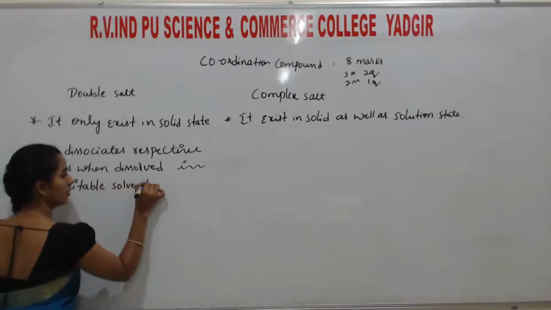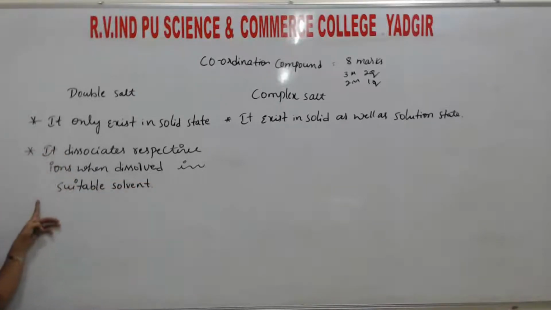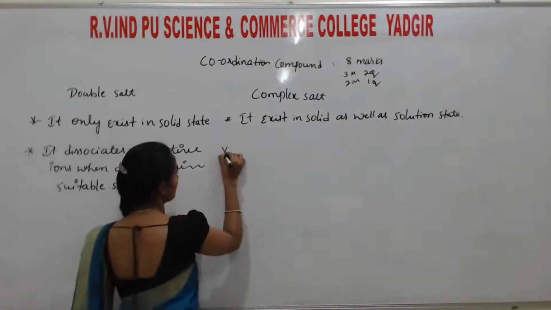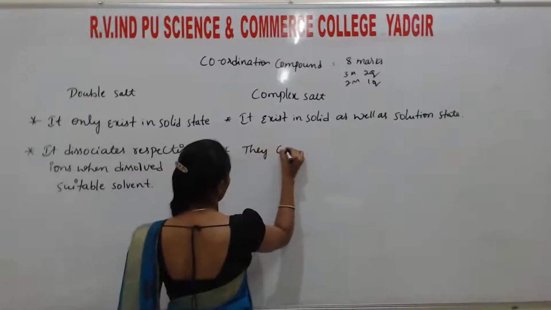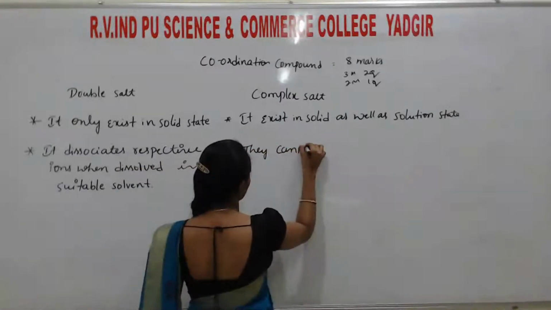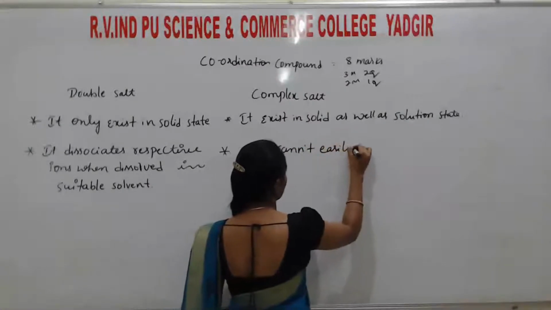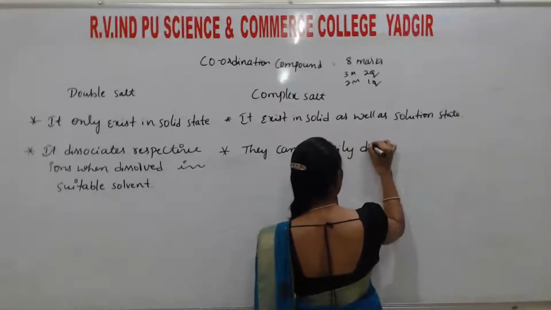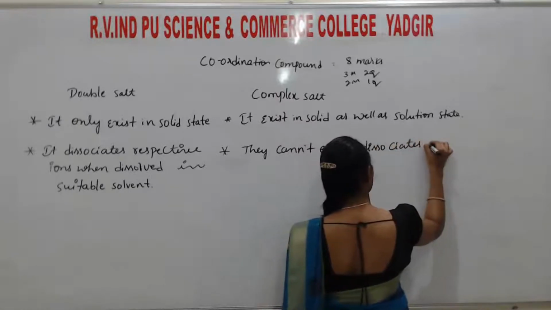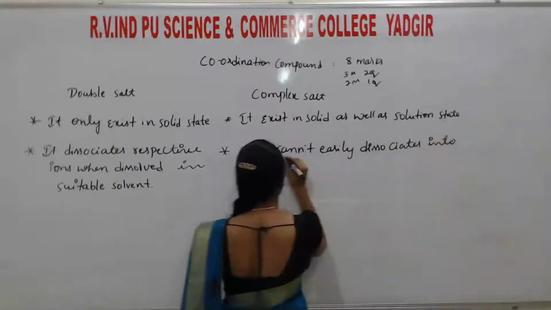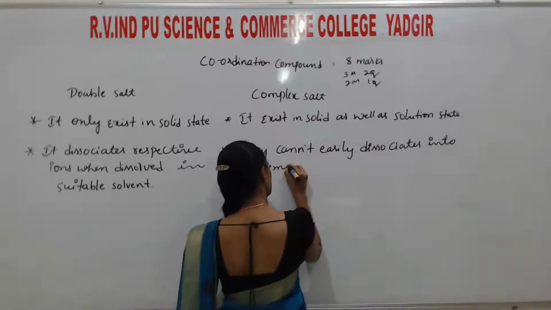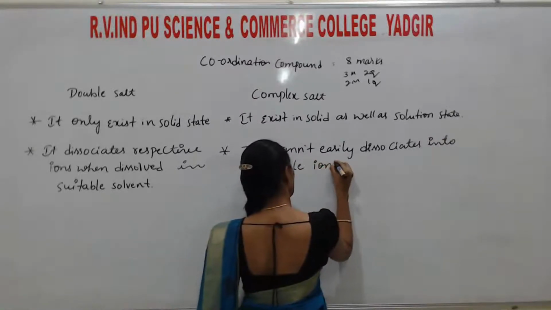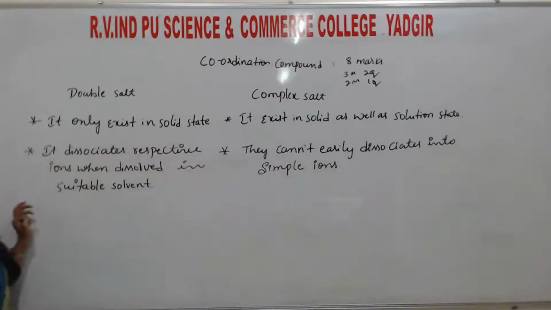Okay, they dissociate into what? Respective ions. Here the complex salt cannot easily dissociate into simple ions, but here they dissociate into simple ions.